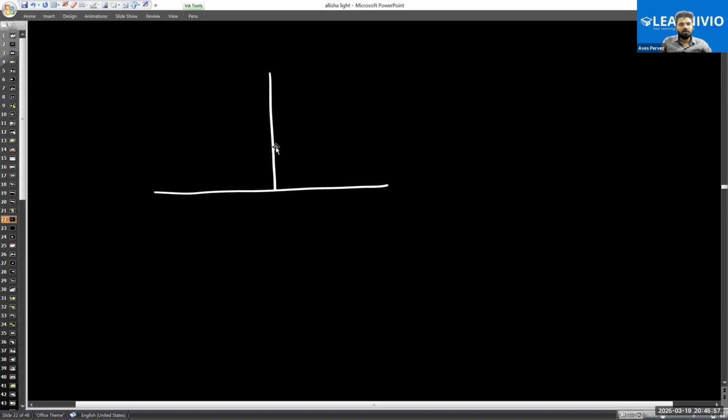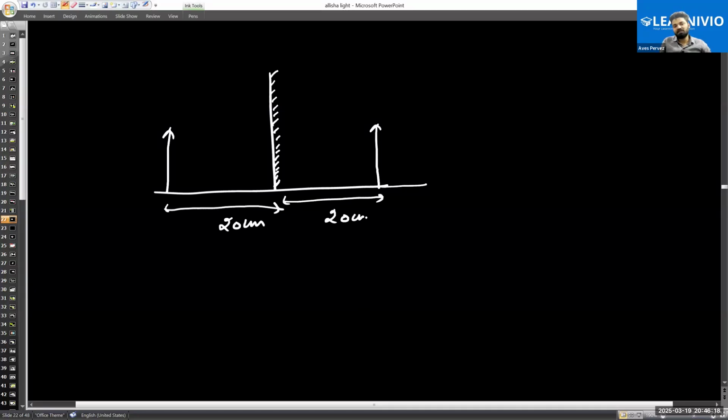Yes, sir. So let's say the object is placed at a distance of 20 centimeter from a plane mirror. Now it is placed at a distance of 20 centimeter from the plane mirror. Got it? So the image will be formed at a distance of 20 centimeter. Now read the question, please. What is it saying in the question?